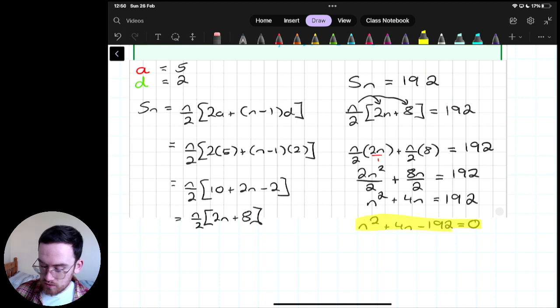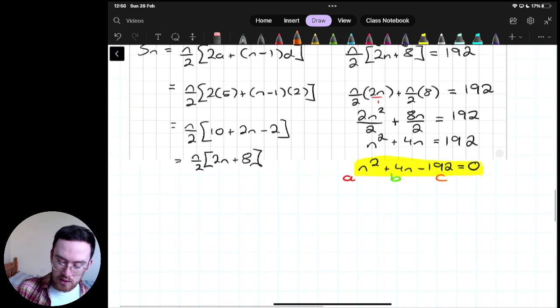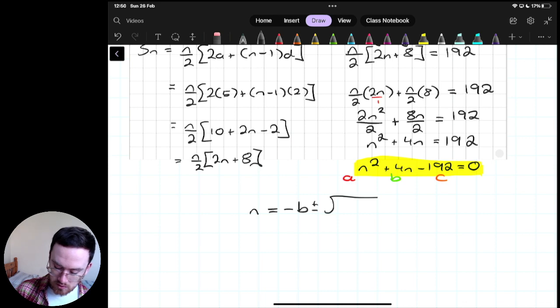How you choose to solve the quadratic equation is up to you. What we look at here maybe is trying to use our quadratic formula, just because I know people are maybe most comfortable with doing that. So n is equal to minus b plus or minus the square root of b squared minus 4ac over 2a. Just saying n here because that's what I have in the formula.